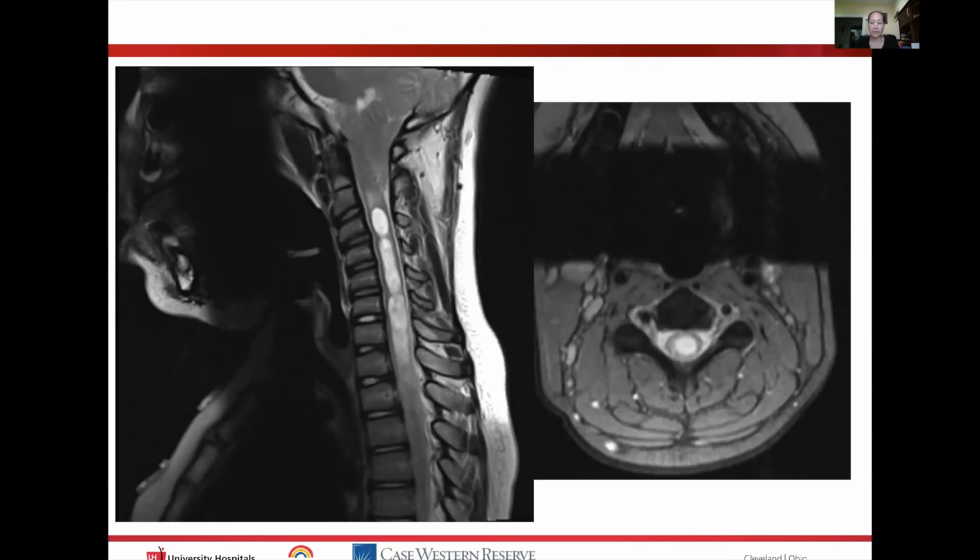And then this was his scan. You see a couple of very characteristic findings here. Hopefully you can see my cursor, but on a sagittal T2 of the cervical spine, you have pons and medulla, and then you have the cerebellum back here, and you see this elongated portion of the cerebellum extending down into the upper cervical canal.